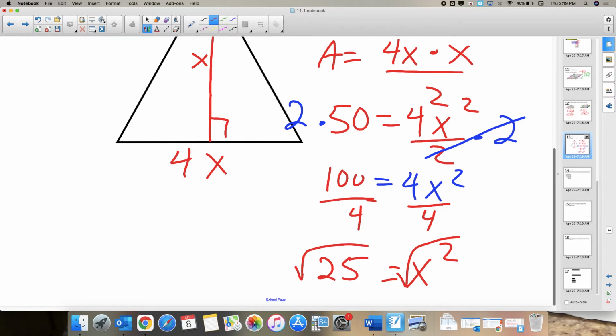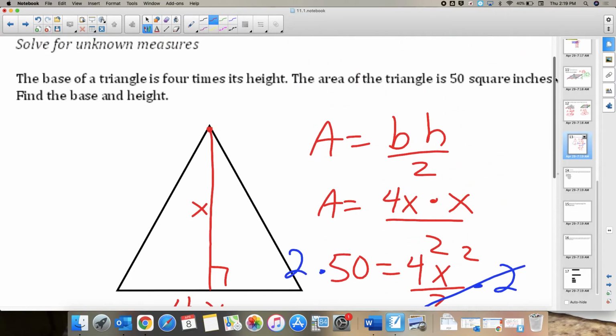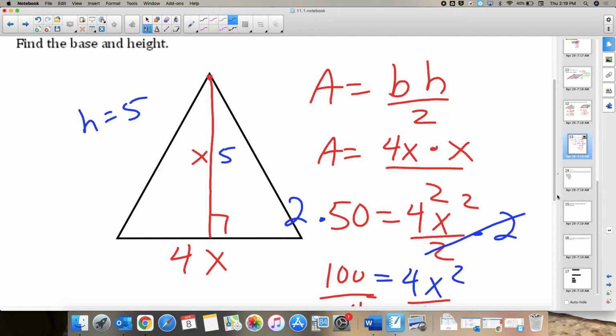And then we take the square root of each side to get x to equal 5. So if x is 5, that means my height is 5. My base was 4 times x. 4 times x will give me 20. So my base is 20.